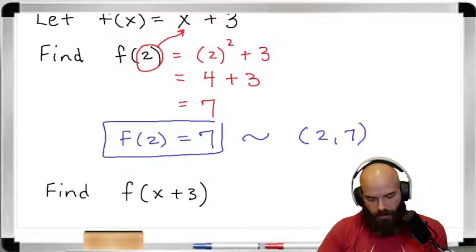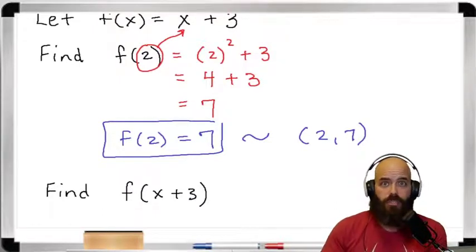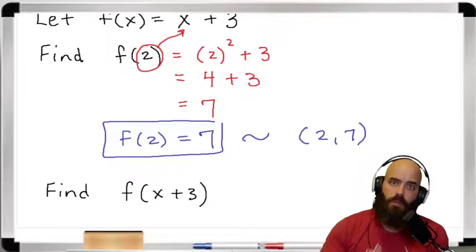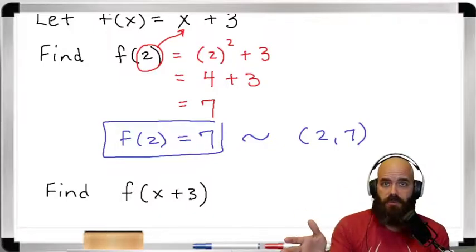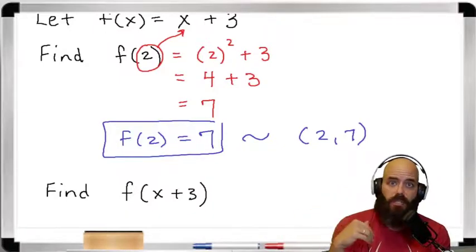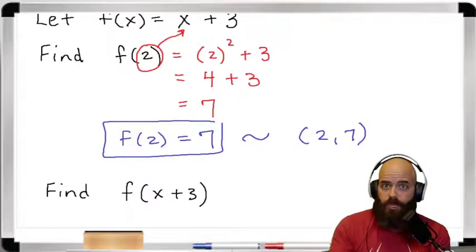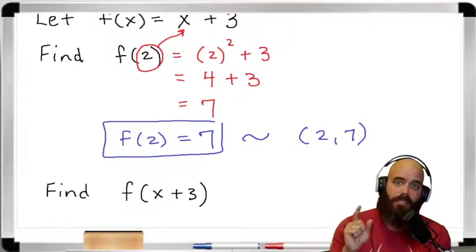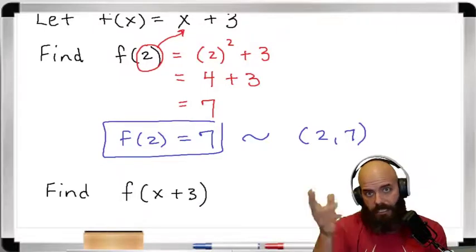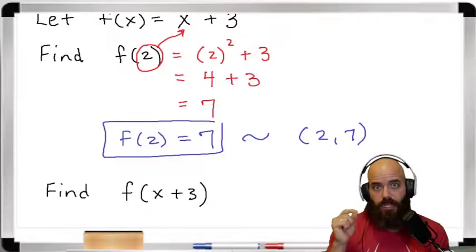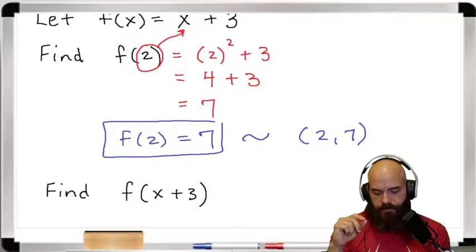Well, just like before, when I evaluated f of 2, I took the 2 value and I plugged it into my x values in my function. Now, in this function we only have one x value. But if we had a function with multiple x values, we'd have to make sure we plug it into every single x in that function. And the next function that we look at will be sure to have at least 2 x values.